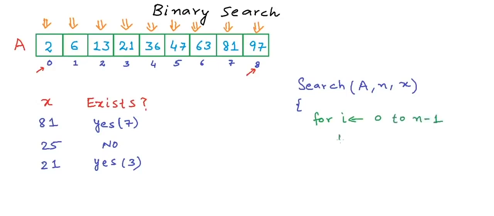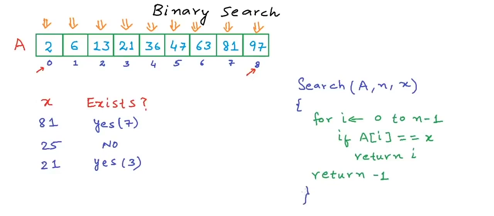So for i starting 0 to n minus 1, if the element at index i is equal to x, then we return i, which means returning the position at which we have found the element x, and our search will be over. And if we cannot find any such i, then we return -1. Let's say returning -1 means that we could not find x in the array A.